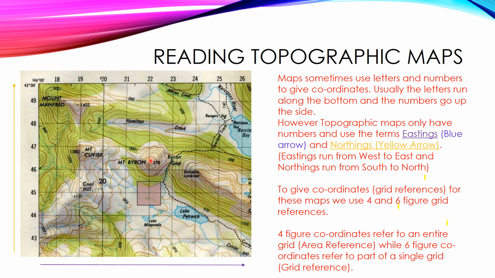Sometimes you want to highlight an entire area, so you'll use an area reference, which is a 4-figure number to show an entire box. Sometimes you want to focus on a very specific spot, like the peak of Mount Cuvier there, and you'll use a 6-figure grid reference to really emphasize that spot.